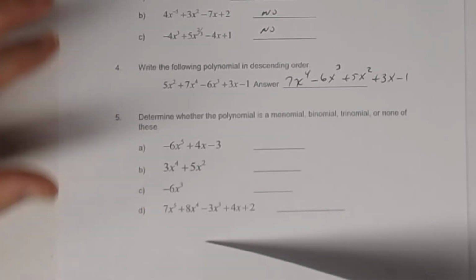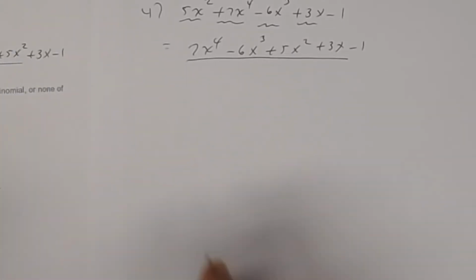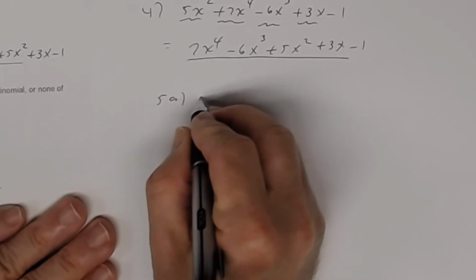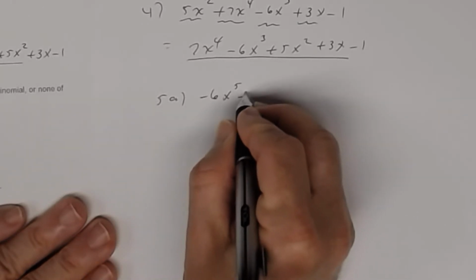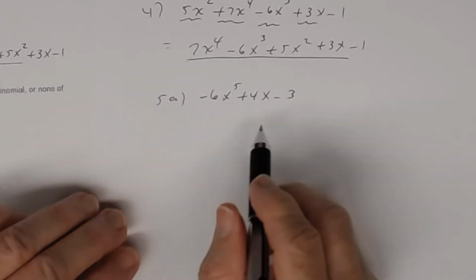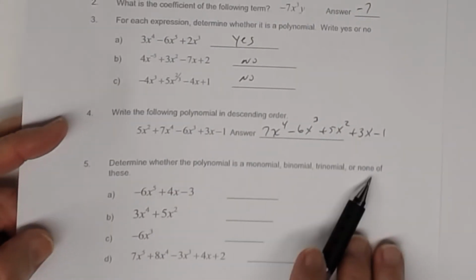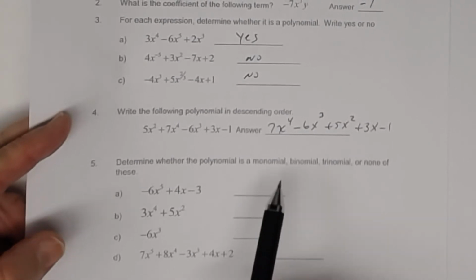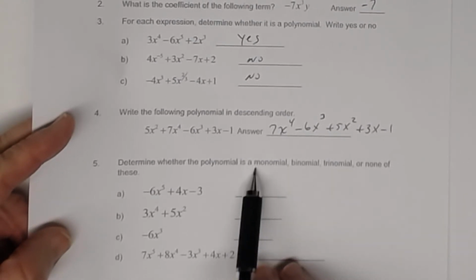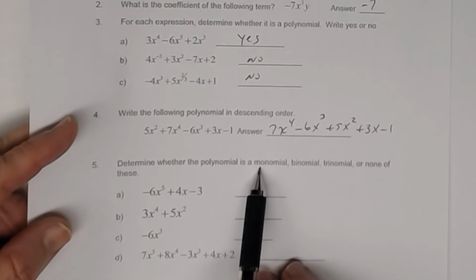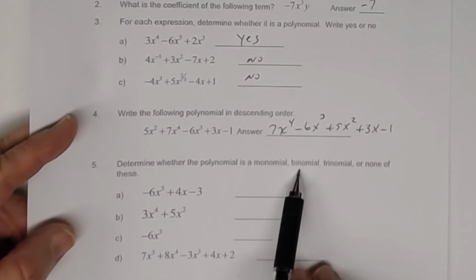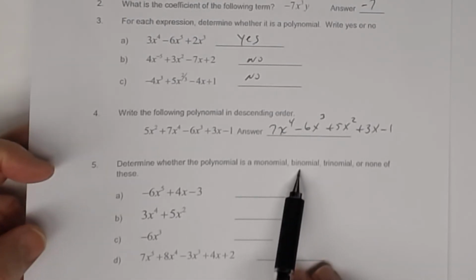All right? And then in number 5, you're asked to determine whether the polynomial is a monomial, binomial, trinomial, or none of these. So in number 5a, we have negative 6x to the 5th plus 4x minus 3. To determine if it's a monomial, binomial, trinomial, or none of these, you need to know how many terms there are. So remember, a monomial is a polynomial with just one term. A binomial, hence remember bicycle, two wheels.